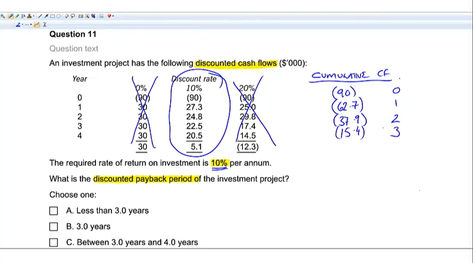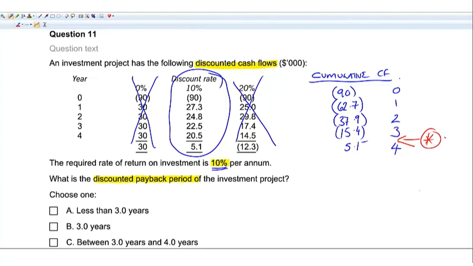And then if we add on the year 4 cash flow of 20.5, we can see that the project turns positive between years 3 and 4. So adding on the 20.5 cash flow allows the cumulative cash flow to turn positive, and it would turn positive between year 3 and year 4.